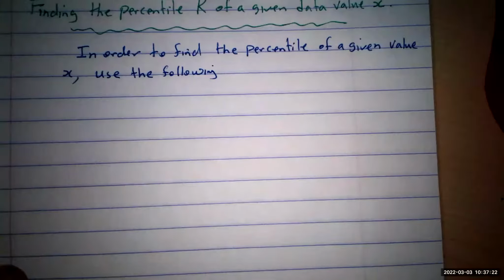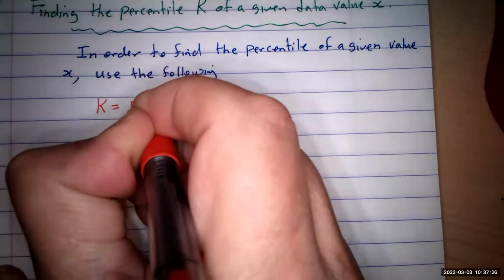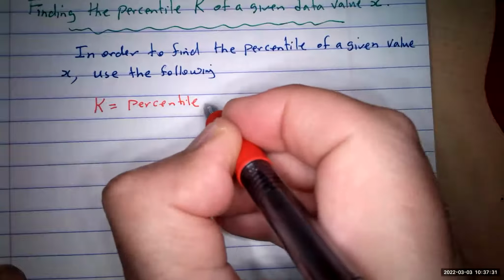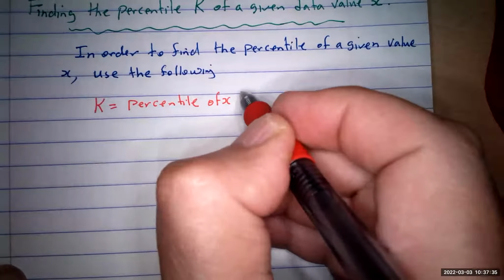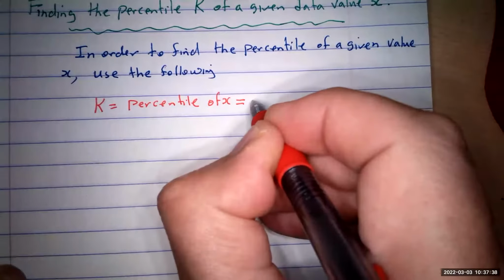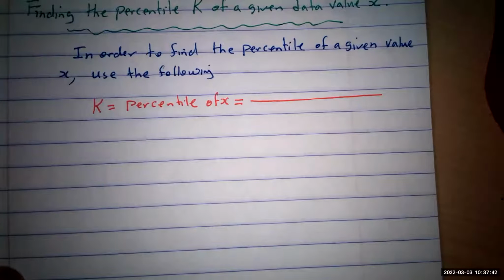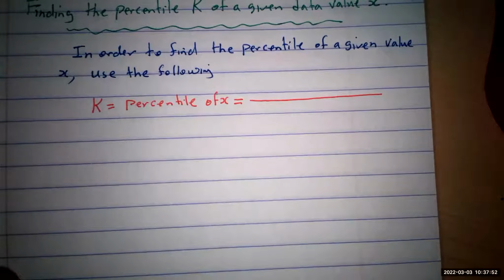The formula is K, which is going to be the percentile of X. Percentile of X is going to be equal to, you are going to list the given information, order the values from the smaller one to the bigger one. Then you are going to check how many values are going to be less than X.